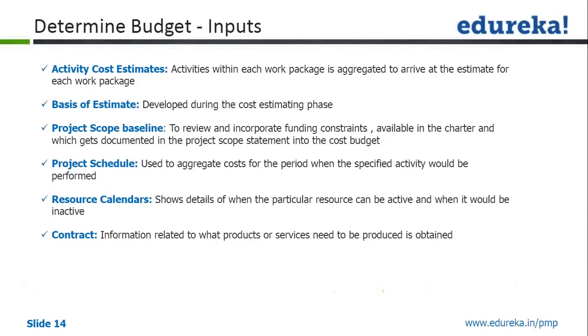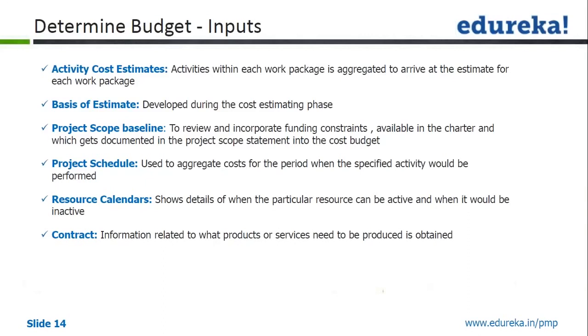Then coming to the project schedule, this is used to aggregate cost for the period when the specific activity would be performed. Since it is a time-phased budget, we need the project schedule also as an input.